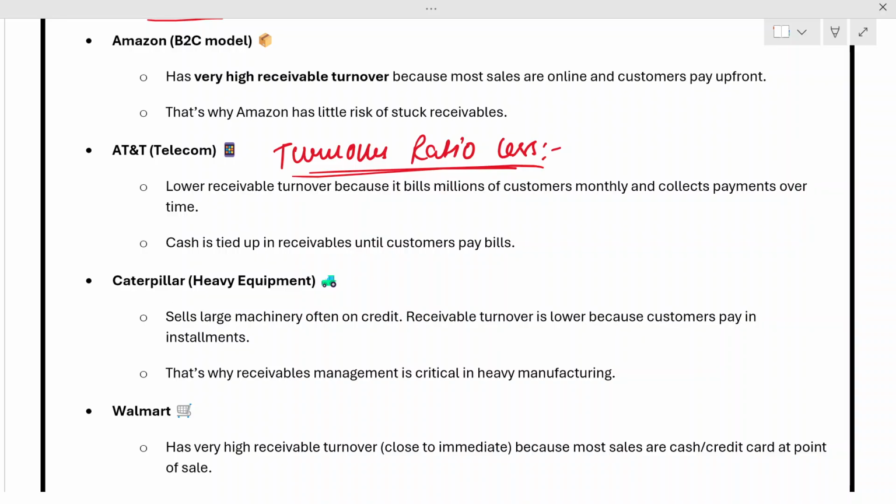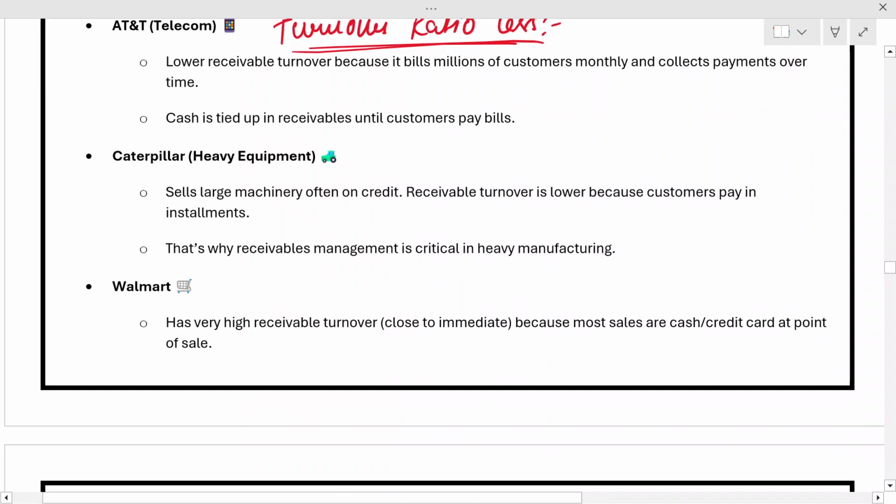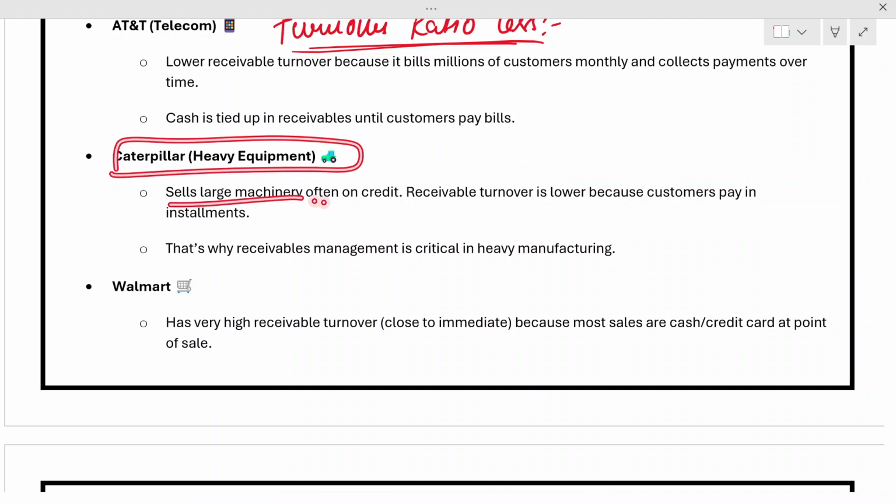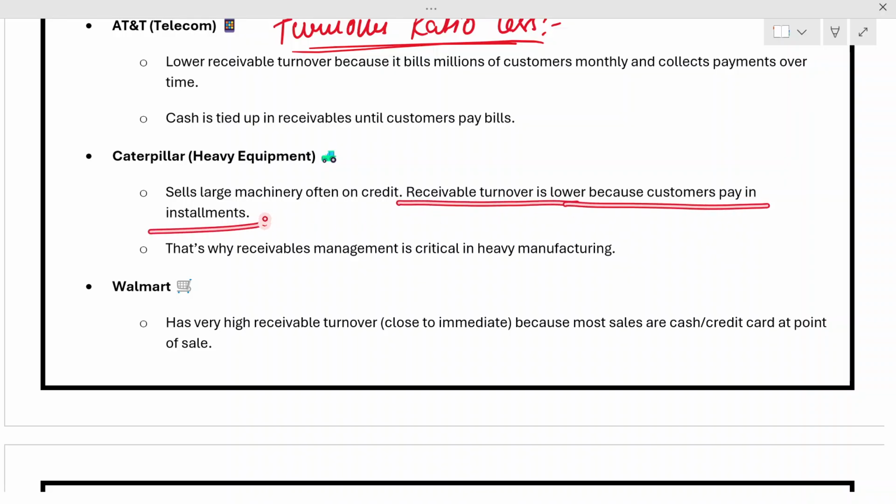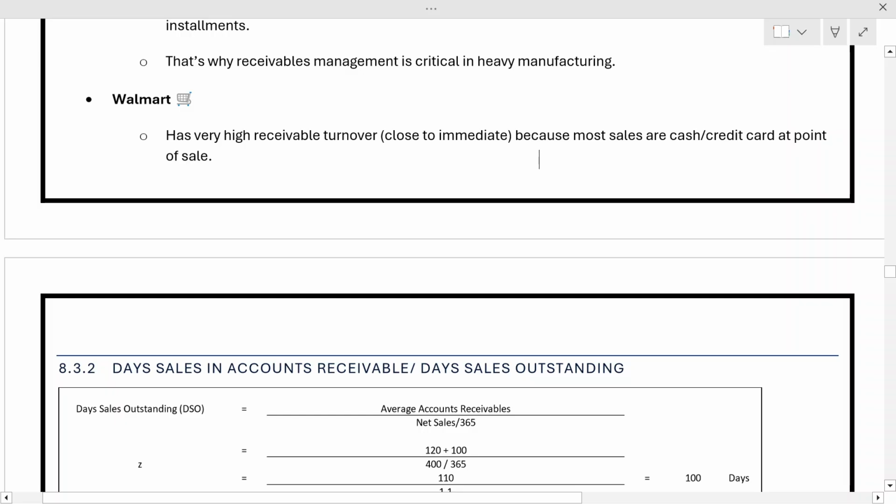Now the next example is Caterpillar Incorporated, which is in heavy equipment. Caterpillar sells large machinery often on credit. The receivable turnover is lower because customers pay in installments. That's why receivable management is critical in heavy manufacturing industries.